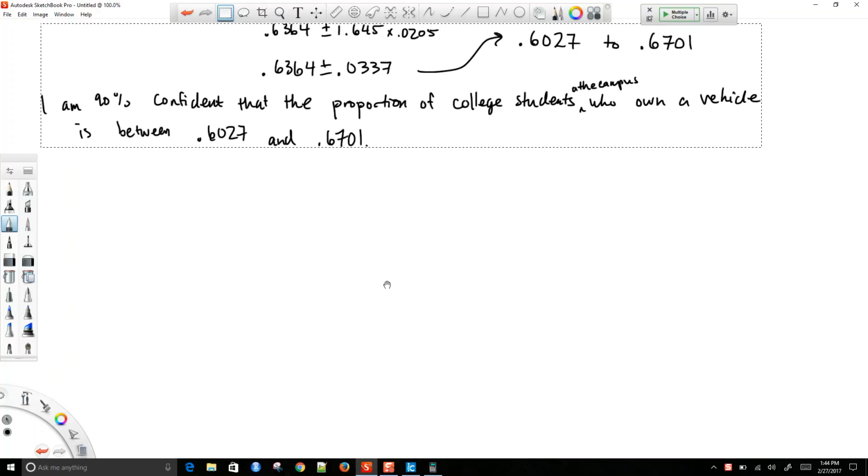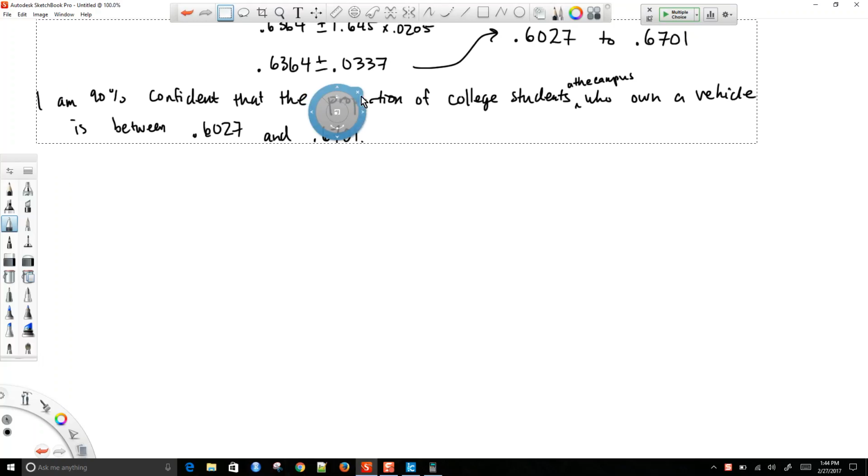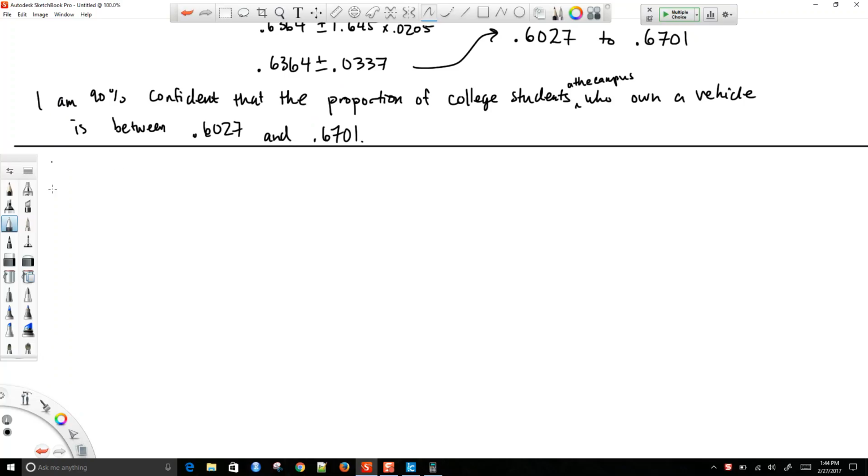So we said, do we have evidence that it's not 0.63? On the other hand, somebody could ask, do we have evidence that P is not 0.675?